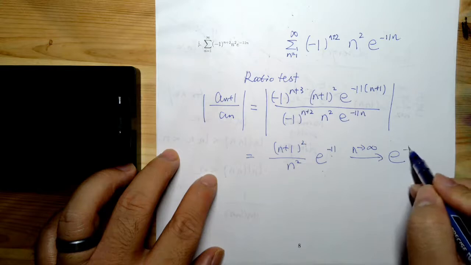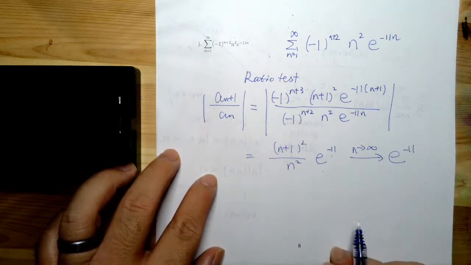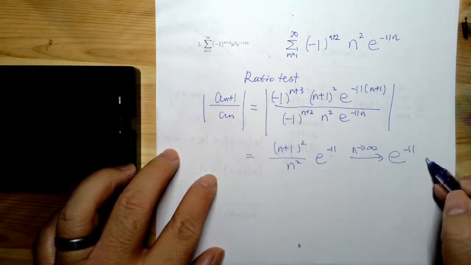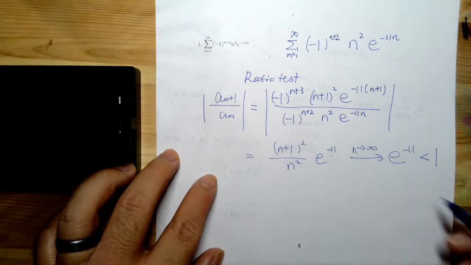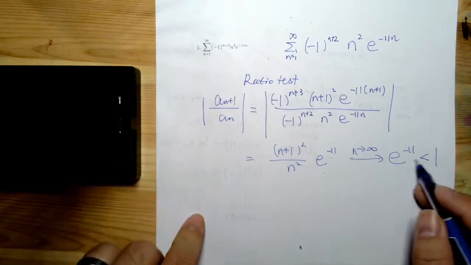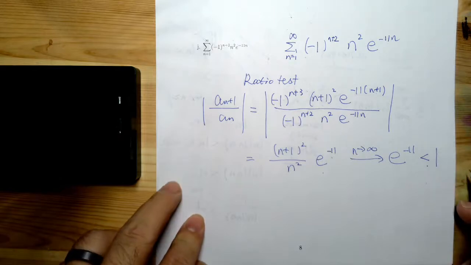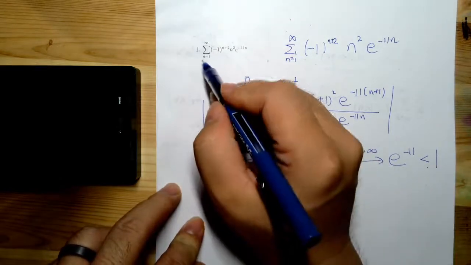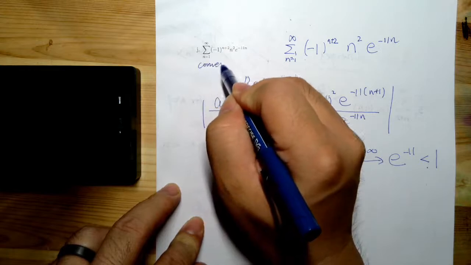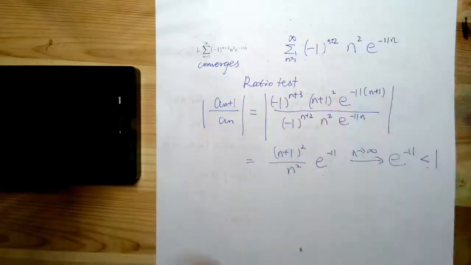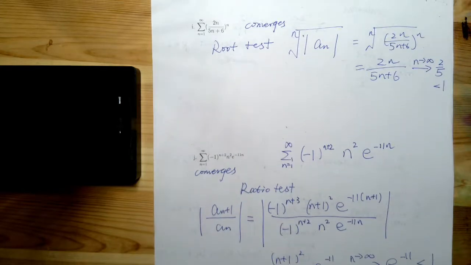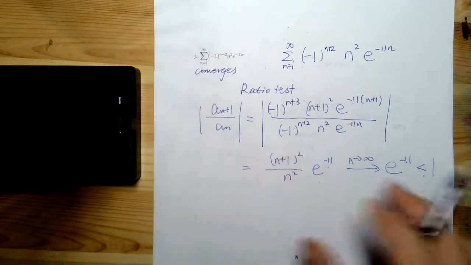So we have e to the power of negative 11, and it's very easy to observe that e to the power of negative 11 is less than 1. Hence, based on the ratio test, we can also conclude that this series converges.